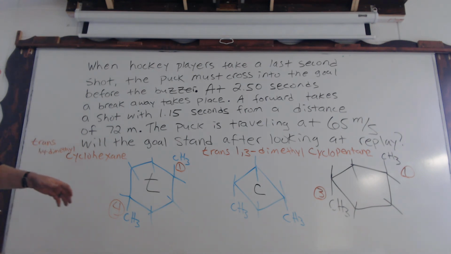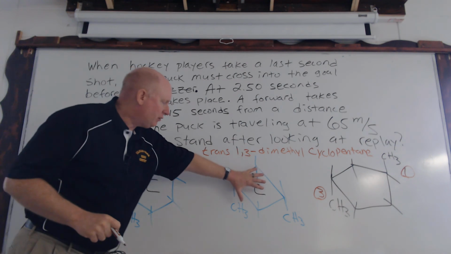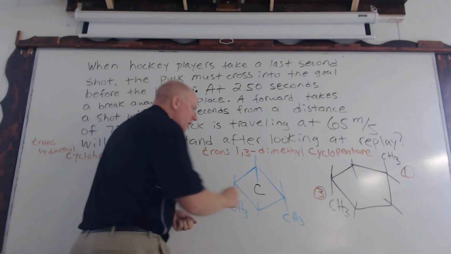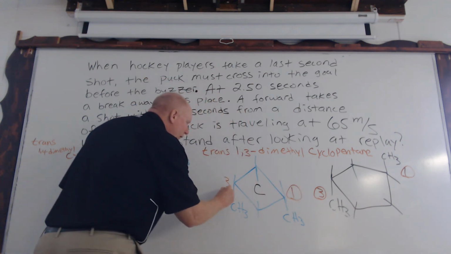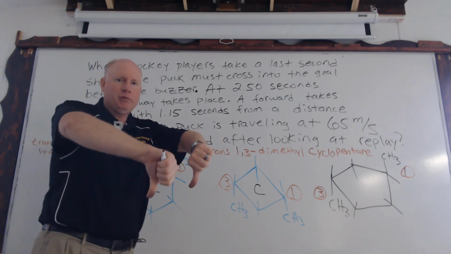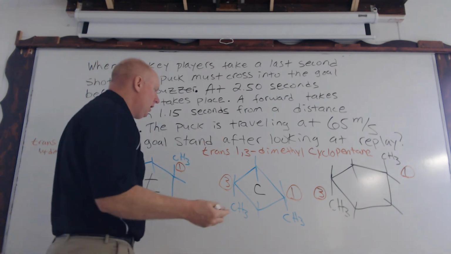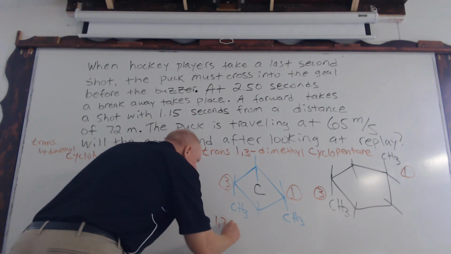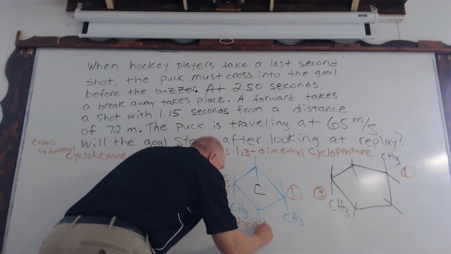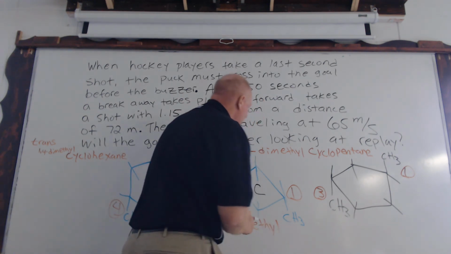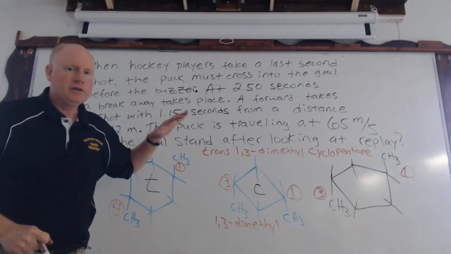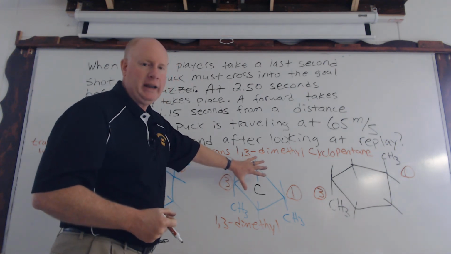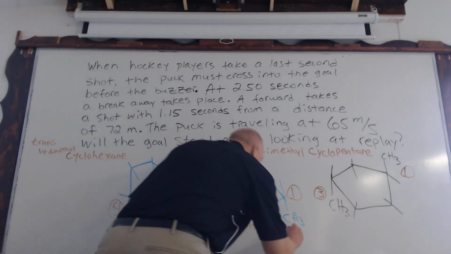Okay, I'm about out of time here, so this is a ring structure. It's cyclobutane. We've got two methyl groups, one on the first carbon, one on the third, and since they're both pointing the same direction, either both down or both up, we would call this 1,3-dimethyl. Remember it is a ring structure, so since this is a ring structure, we know that we have butane, so it's cyclobutane.